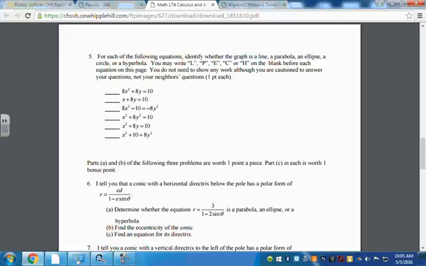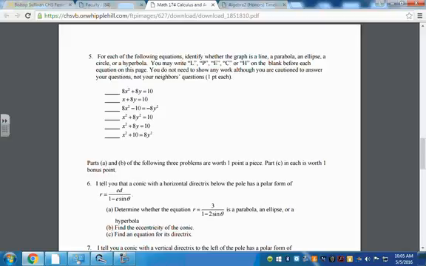What you want to think about is anything that can be written like this, y equals x squared, that opens up. So let me start to play with this. I have 8y is negative 8x squared plus 10. If I divide through by 8, I get y is equal to negative x squared plus 10/8.